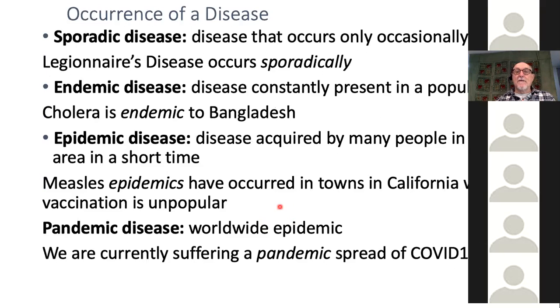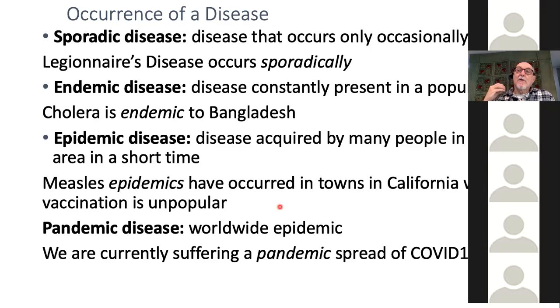Okay, so we'll see disease itself referred to by various monikers. For example, a sporadic disease is one which only occurs very occasionally. It usually has a very specific localized source, and the number of cases is usually self-limiting.